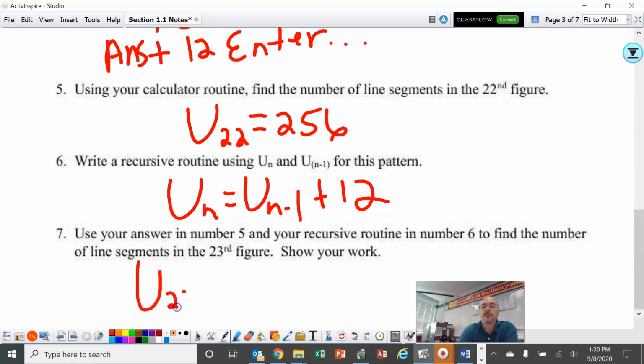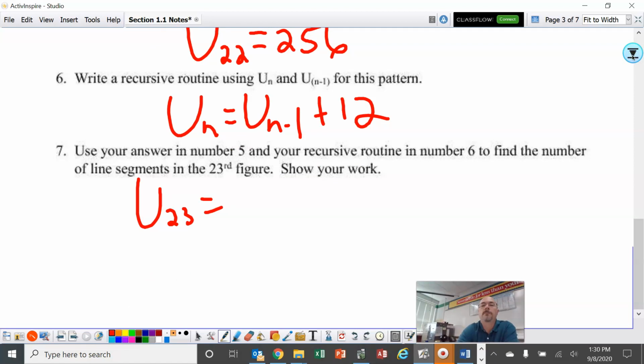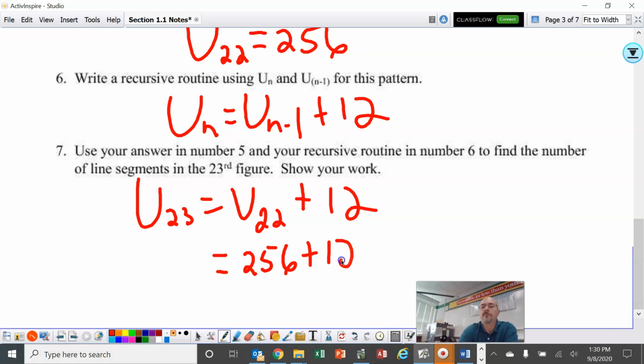I go U sub 23 equals U sub 22 plus 12. So the 22nd number in the pattern is 256 plus 12. So that means the 23rd number in the pattern is 268. So U sub 23 is 268.